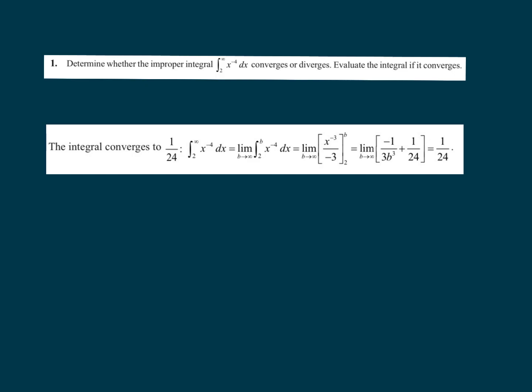So this function is 1 divided by x to the 4. At 2 there is no problem, but the interval goes from 2 to v, and v will go to infinity, so it will be an infinite interval. At 2, the value is 1 divided by 2 to the 4, so it's 1 divided by 16.